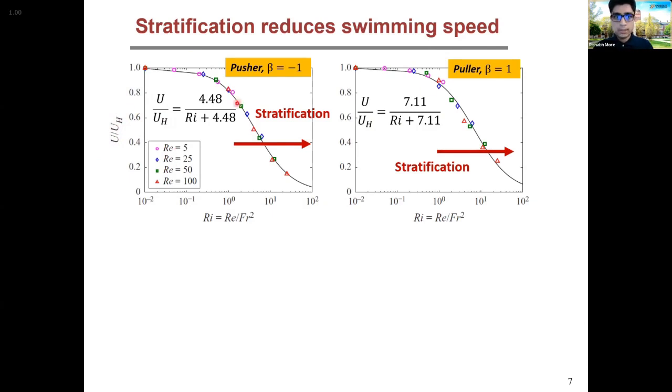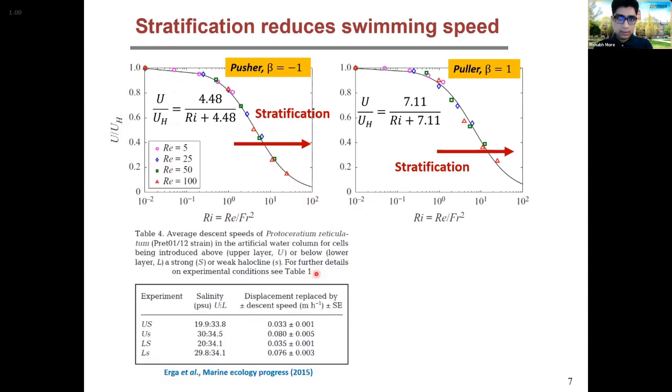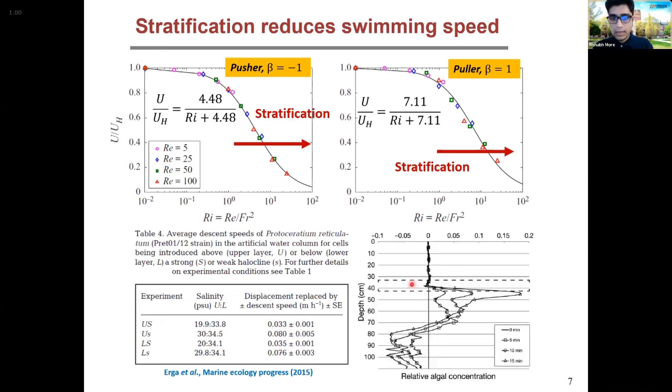So for both pushers and pullers, we observe that their swimming speed decreases inversely with the Richardson number or stratification. So this has also been observed experimentally, where here the small s means weak stratification, and a capital S means a strong stratification. So as we increase the stratification, they have seen that the vertical descent speeds of these organisms decrease significantly, and that's the reason why.